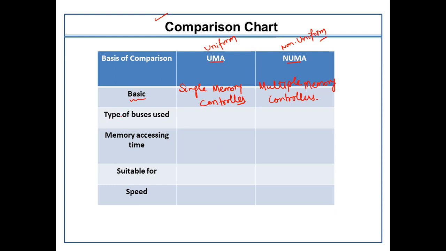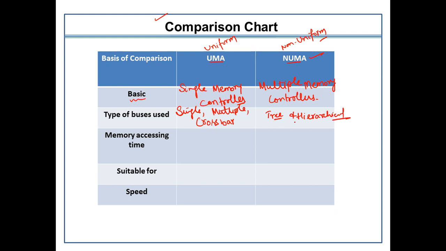Then come the types of buses used. Here we can use even a single bus, multiple buses, or we can make the interconnection using a crossbar. But in the case of NUMA, we follow a tree and hierarchical kind of architecture.